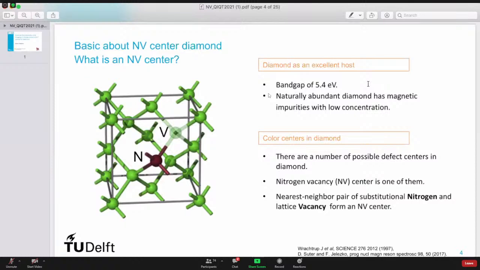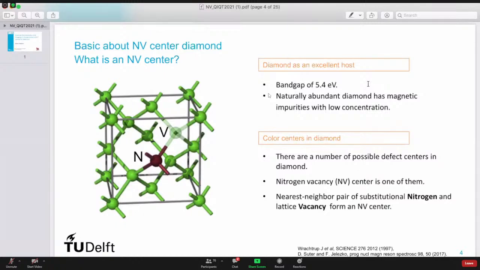Secondly, for performing experiments at room temperature, it is important that there is very little interaction of the spins of the defect center with phonons, and with diamond it's possible. So in diamond there is very little interaction of phonons with the vacancy electrons at room temperature, which makes it possible to implement many quantum protocols at room temperature using NV centers and other defect centers.